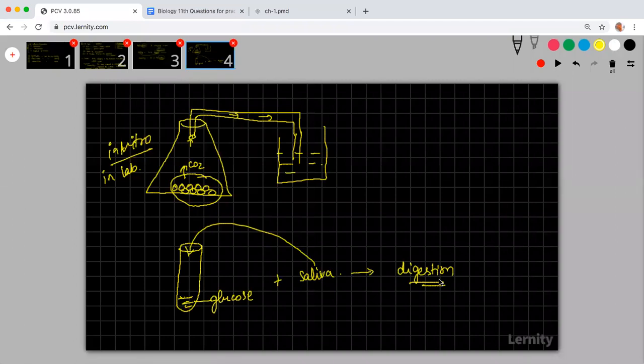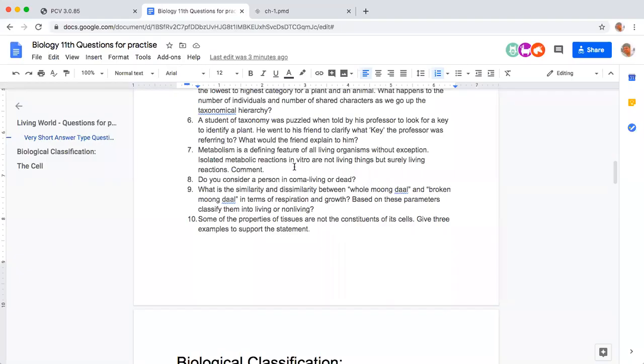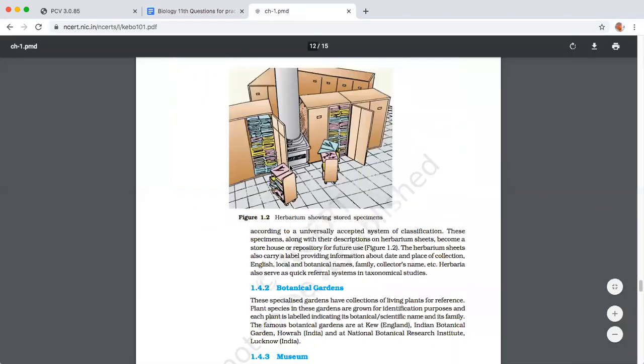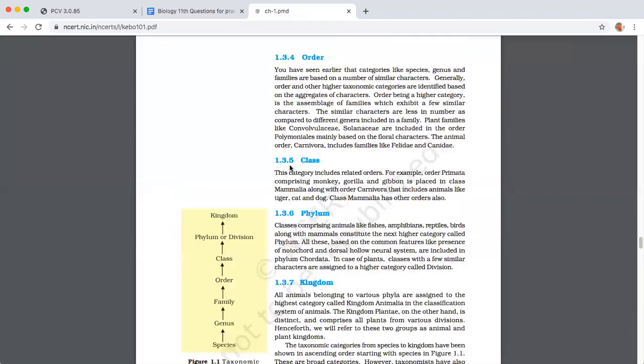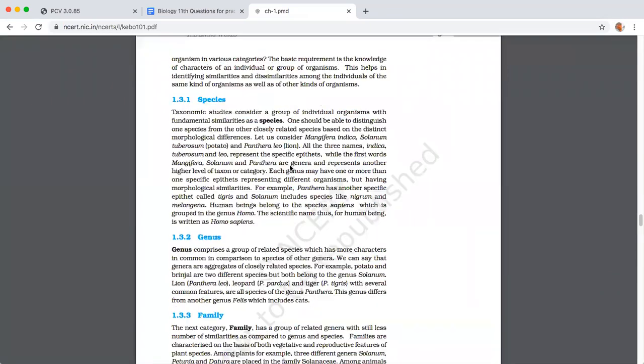So they are telling how isolated metabolic reactions are happening outside, but it is surely not a living reaction. So they are asking you to comment. In this particular category, they would give an explanation about it. Let us see what is given in the textbook.